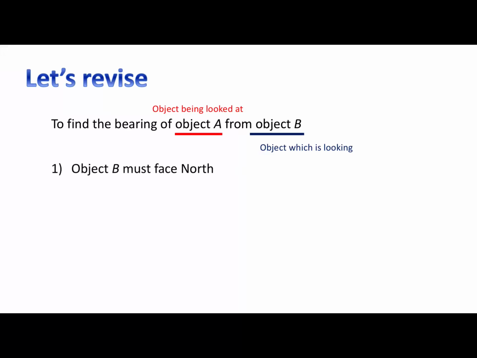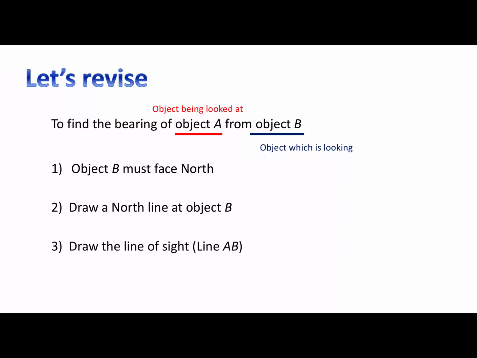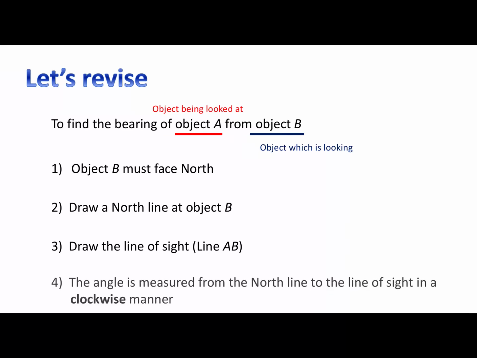Okay, so the object which is looking must face the north, and after he faces the north, draw a north line at that object, and then you draw the line of sight. And this is the important part.